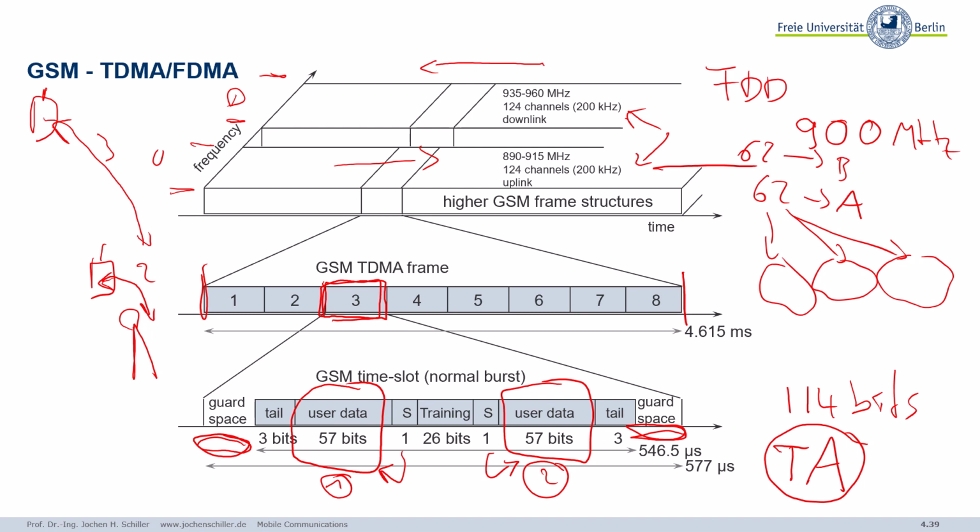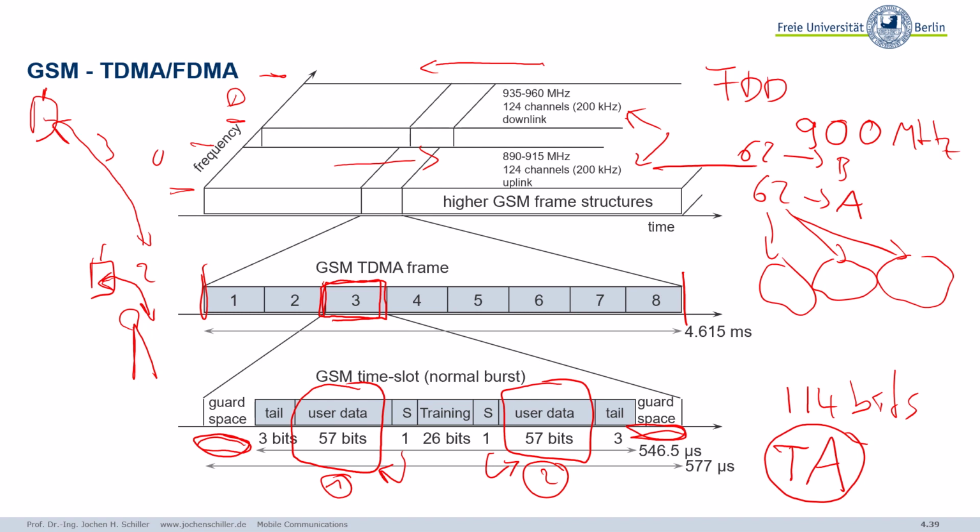And you have to adjust the sending time. You have some guard spaces for minor fluctuations, but if you move further away, or if you come closer to the antennas, then you have to use the time advance field. So that's the basic idea of how you apply multiplexing for your normal user data.